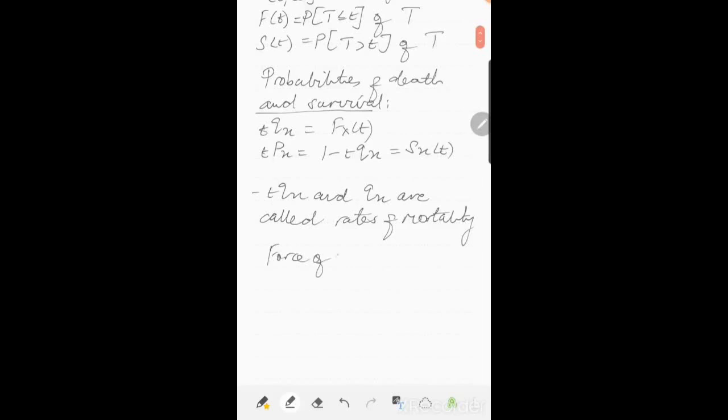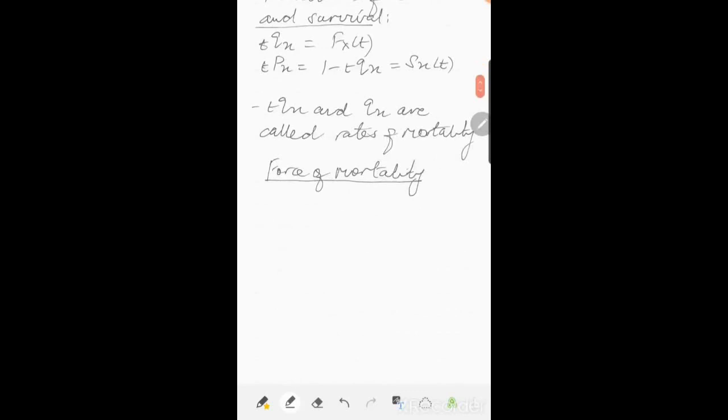When we talk about the force of mortality, this is the quantity that plays a central role in the survival model. The force of mortality is denoted by mu x, which is equal to the limit as h approaches 0 plus of 1 over h times the probability that T is less than or equal to x plus h given T greater than x.